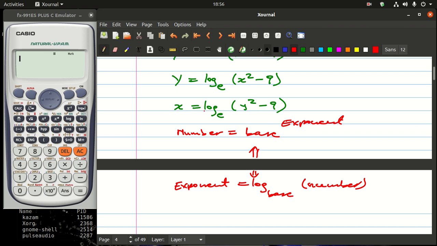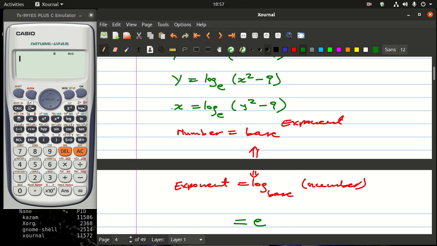Here we have a logarithmic form, but in the logarithmic form, y is inside and is not the subject of the formula, and x is the subject of the formula. So we want to make y the subject of the formula. We want to change this logarithmic form to an exponential form. Whenever I have a base here, it still remains as the base here.